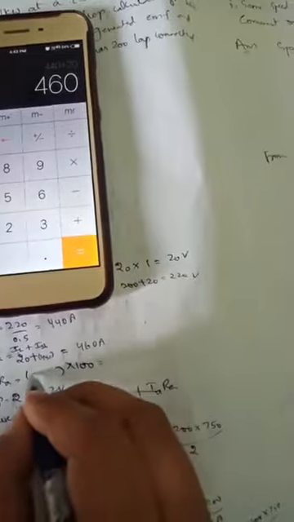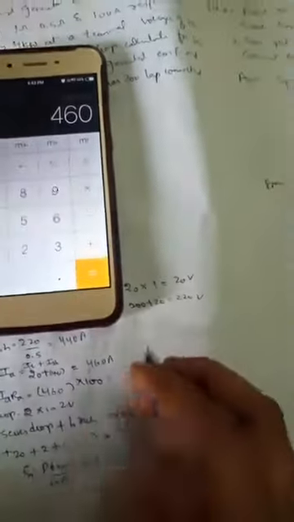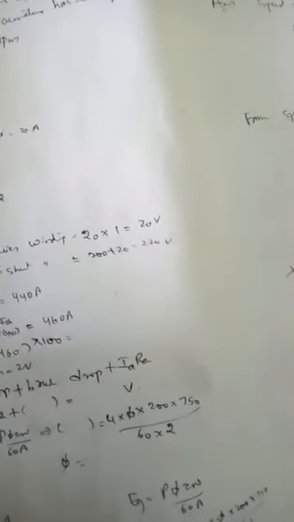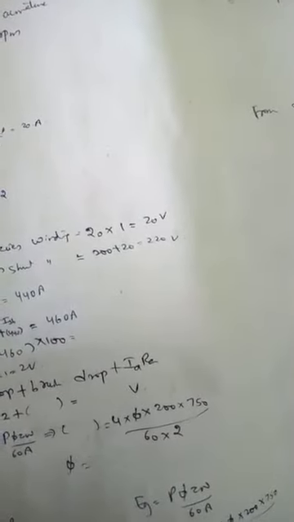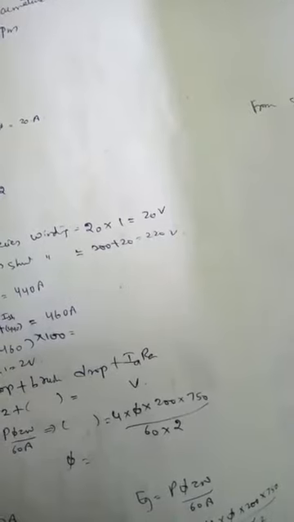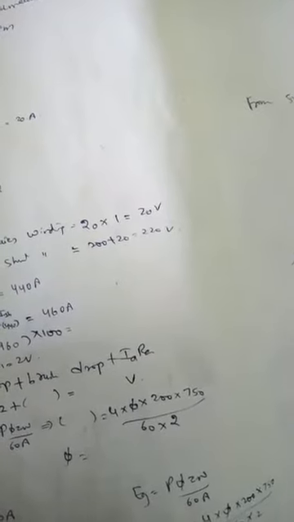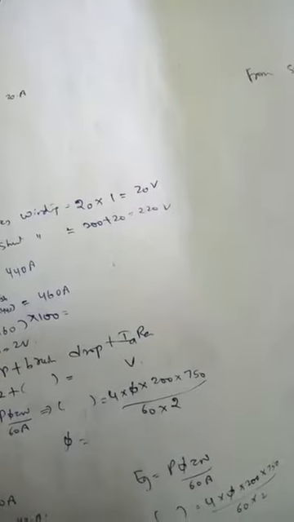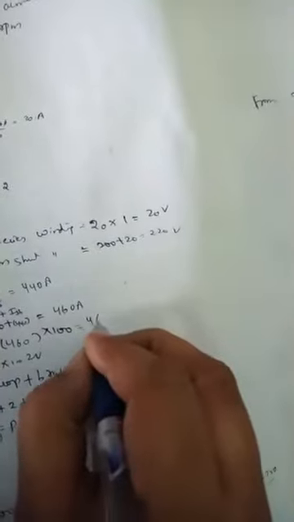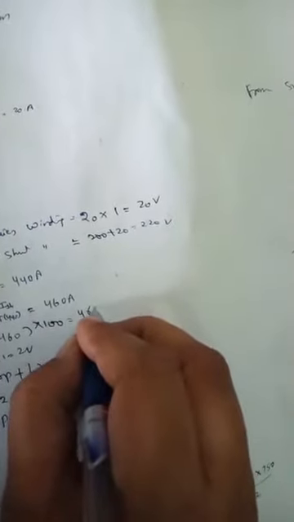IARA will be equal to 460 into 100, that is 46,000 is IARA drop, and brush drop is nothing but 2 into 1, that is 2 volts.